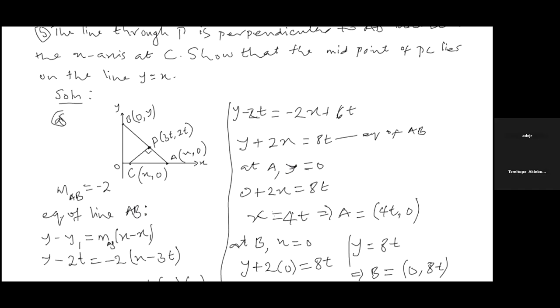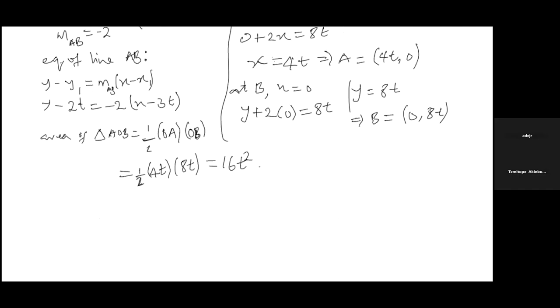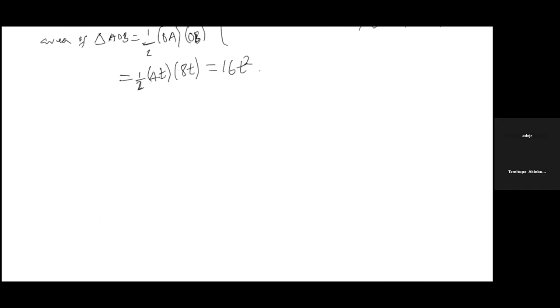And you have been told that line PC is perpendicular to line AB. And the gradient of line AB has been given initially to be -2. Now, when two lines are perpendicular, how do you determine the gradient? I am asking you that question.